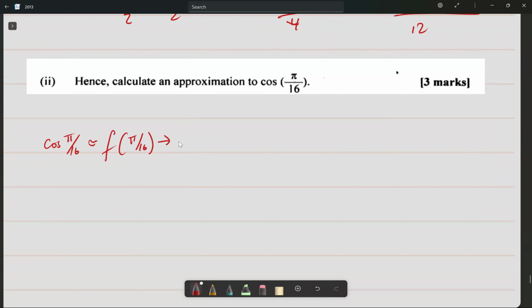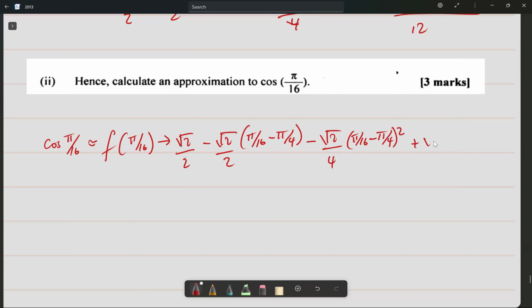In this case, it becomes root 2 over 2 minus root 2 over 2 times pi over 16 minus pi over 4, minus root 2 over 4 times pi over 16 minus pi over 4 squared, plus root 2 over 12 times pi over 16 minus pi over 4 cubed.